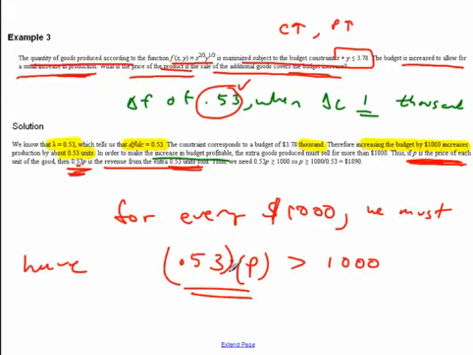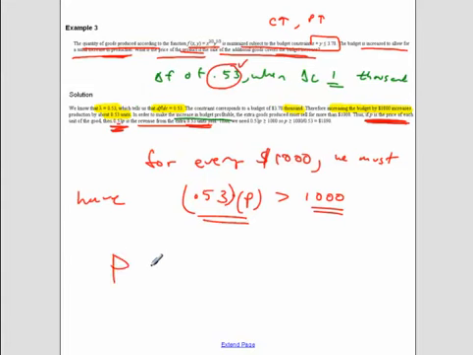That's our revenue. And our revenue must be greater than the amount of money that we spend. Therefore, the price that we sell something must be greater than 1,000 over 0.53, which is $1,890.